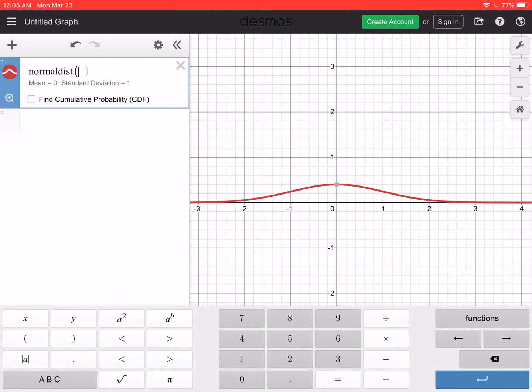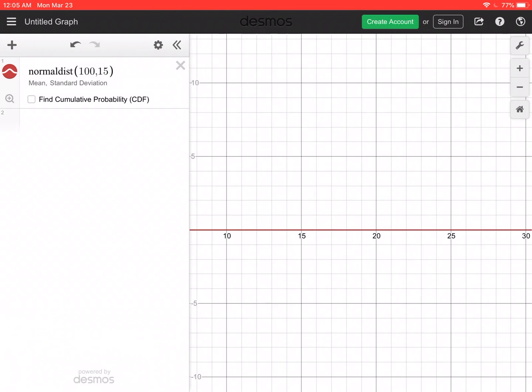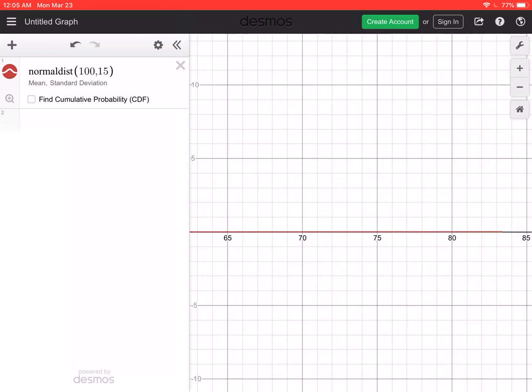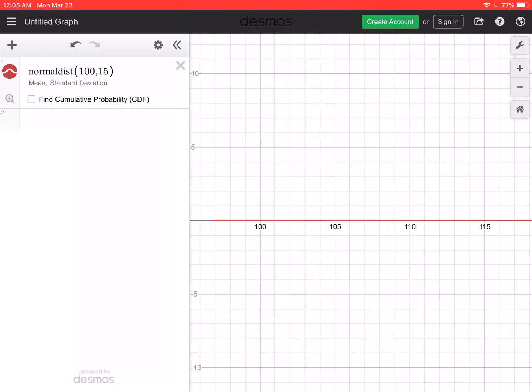Now, if we wanted to change that, we could input the mean and standard deviation manually. So if we wanted to use our specific data, so mean of 100, standard deviation of 15, we could do that, and then that's going to move the curve over here.